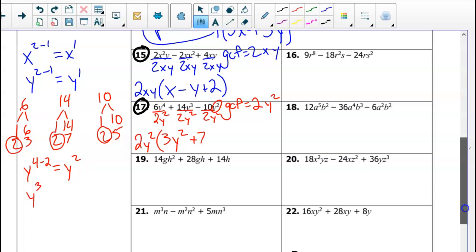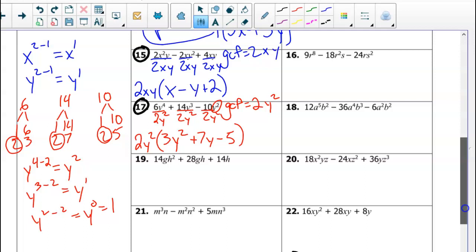Y to the 3rd over y squared is just going to leave me with y. Negative 10 over 2 is negative 5. Y squared over y squared is going to leave me with nothing, or 1. So I don't need to put that.